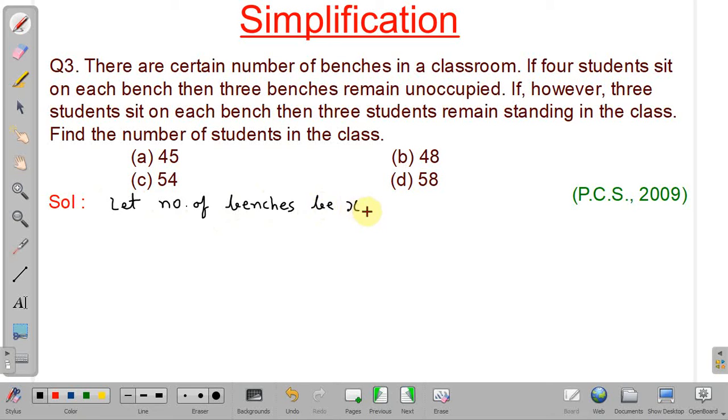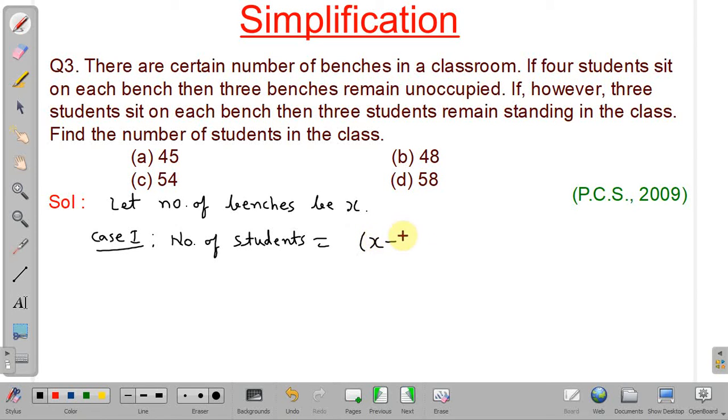Let the number of benches be x. Okay, so as per case 1, what will be the total number of students? Number of students will be equal to, see, students will sit on x minus 3 benches because 3 benches remain vacant or unoccupied.